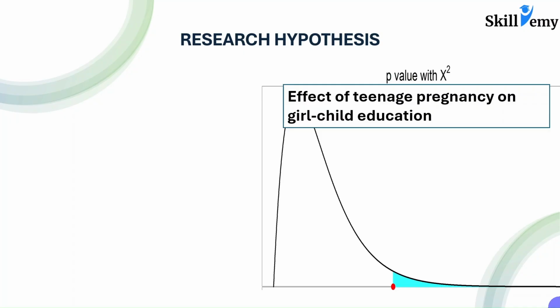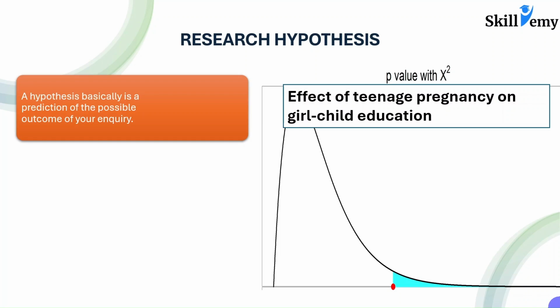And that brings us to the meaning of hypothesis. When we say a research hypothesis, it is basically a prediction of the possible outcome of our investigation. So a research hypothesis becomes an assumption of the future outcome. Let's say we want to run a survey on the effect of teenage pregnancy on girl-child education.